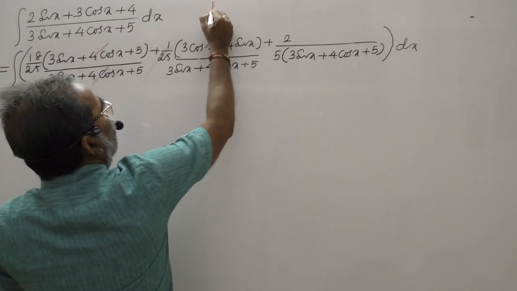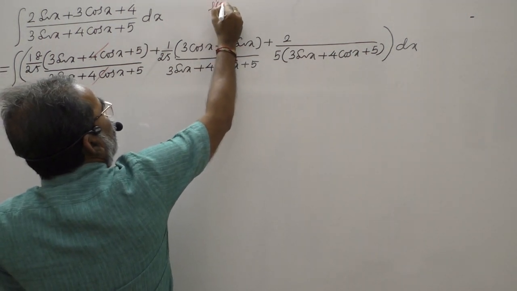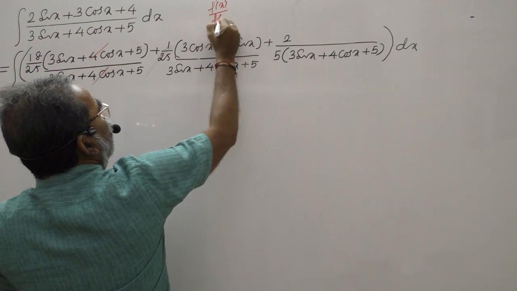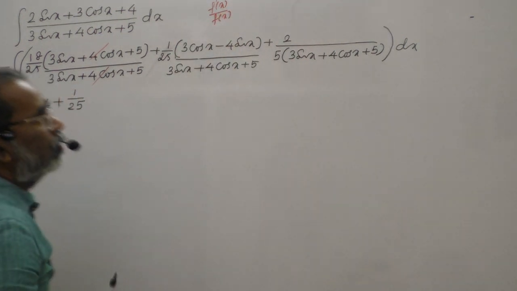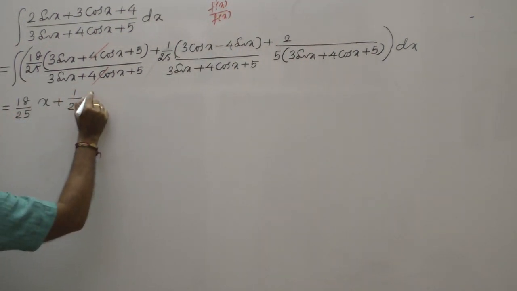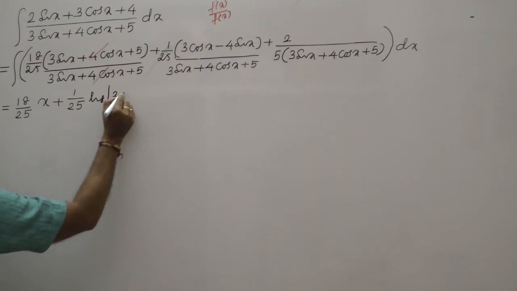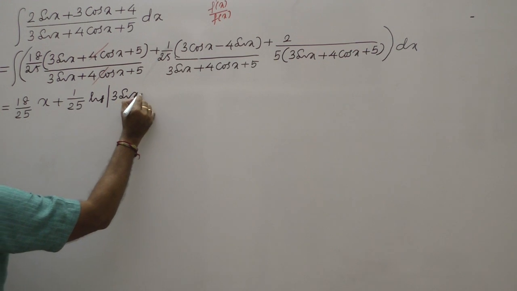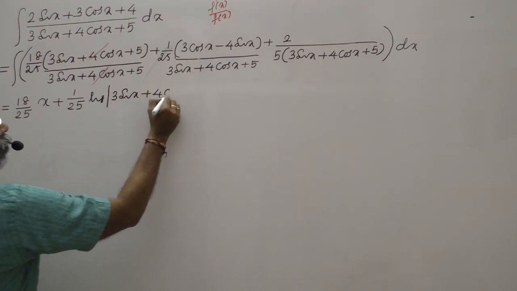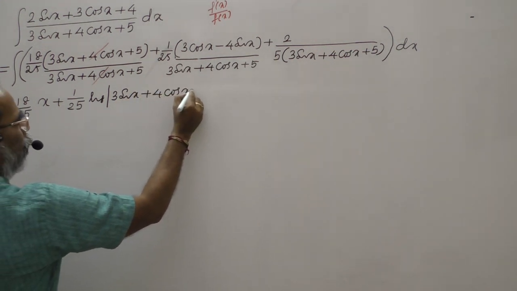Therefore this is exactly which form? Integral of f dash x by f x form. So it is log of mod f of x. That means the denominator, 3 sin x plus 4 cos x plus 5.